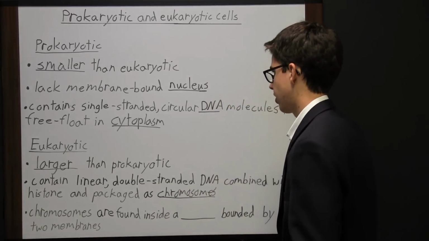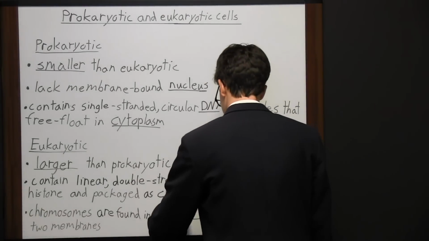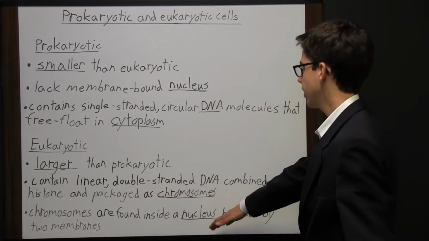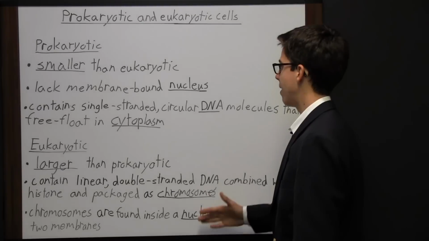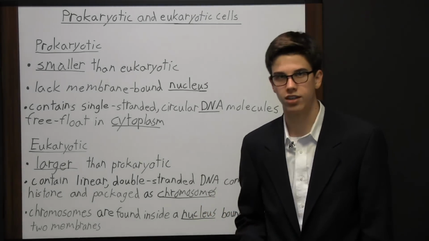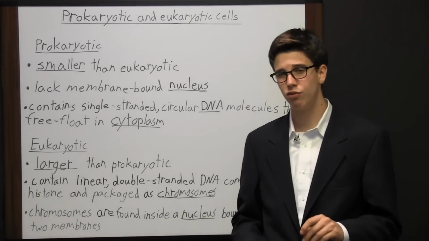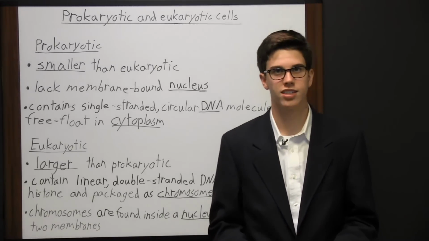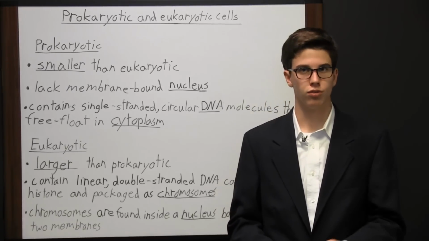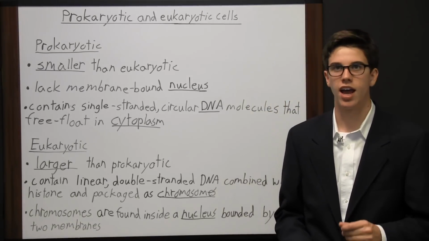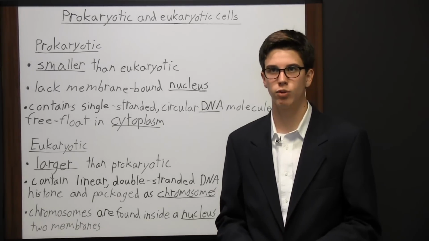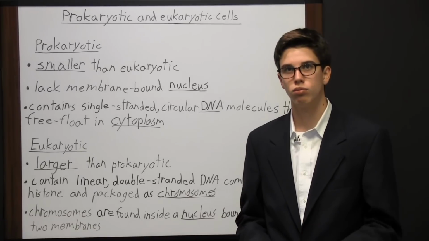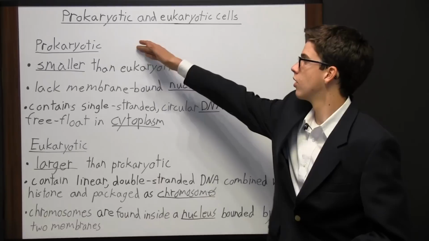The chromosomes are found inside a nucleus bounded by two membranes. So notice here, the eukaryotic cells do have a membrane-bound nucleus.